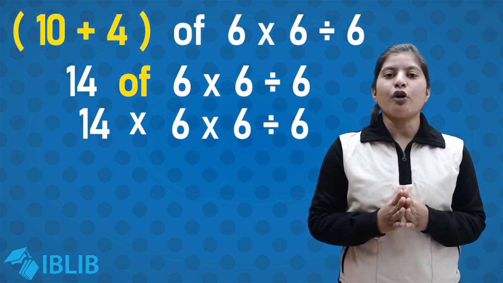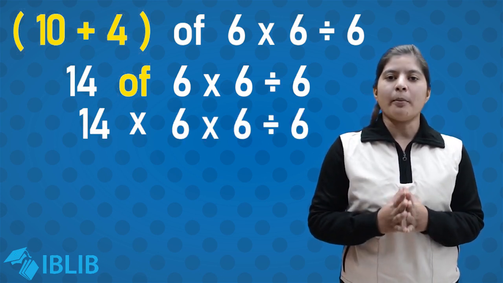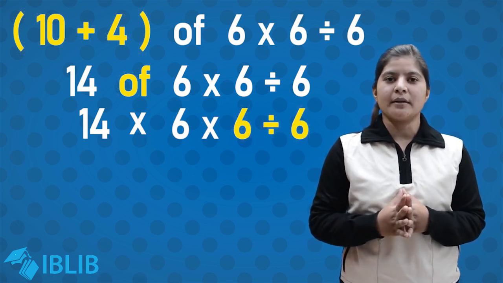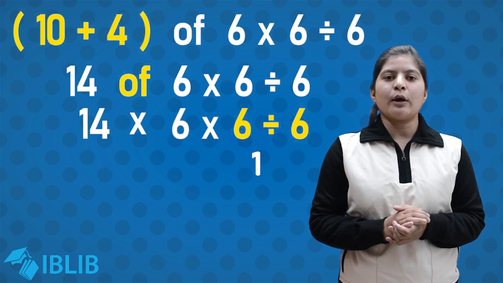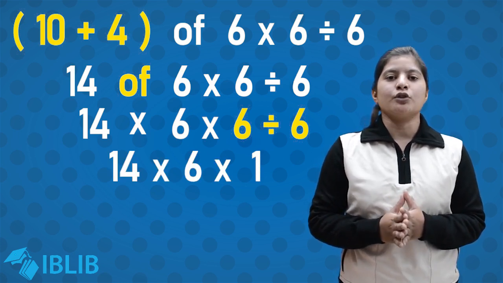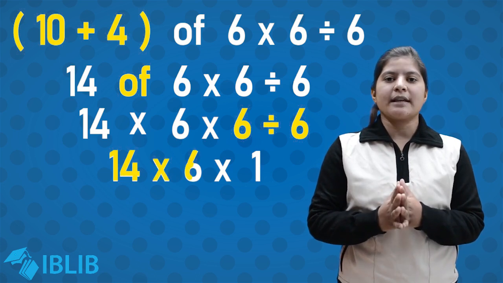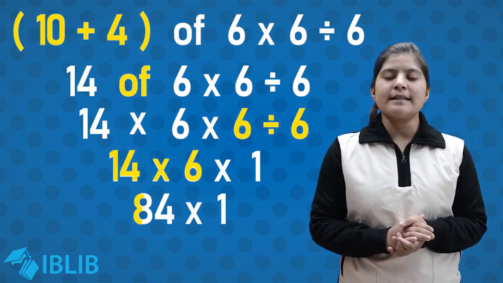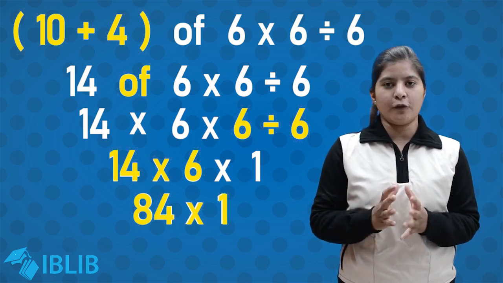Now as per the rule of BODMAS, we have to perform division. So 6 divided by 6 will give us 1. We'll write it and copy down the remaining part. Now lastly, we will perform multiplication. So 14 into 6 equals 84. So the final answer for this expression is 84.